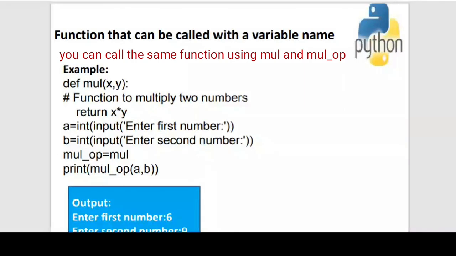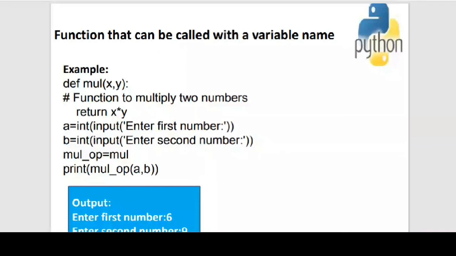I have taken a variable mul underscore op, which means multiplication operation. It can be z or i or k or anything. I just assigned the function name to the variable, and hereafter I can call the function with the variable name. So I can simply say mul underscore op, which will be an alias for mul. Is it clear?